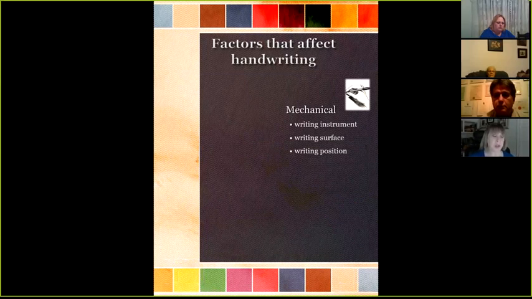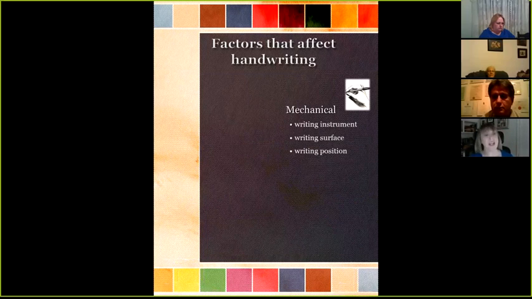Writing position is also something to think about. That could be like if you're sitting up in bed and you've got a magazine on your knees, or let's say you're writing on the back of a car, on the trunk, or on a picnic table, one of those old wooden kind. Think of how that would affect the writing.